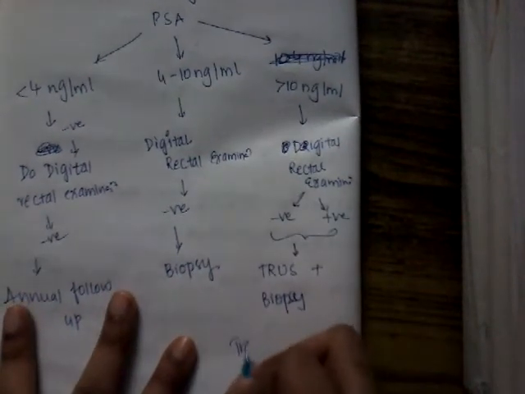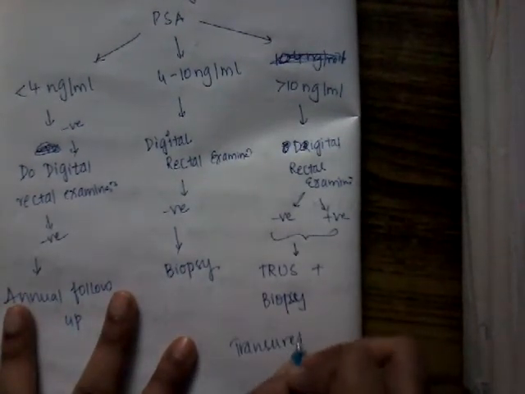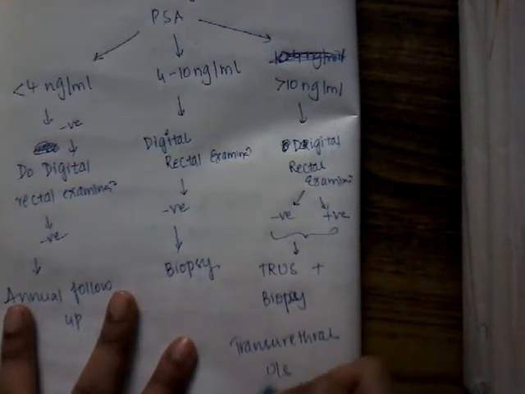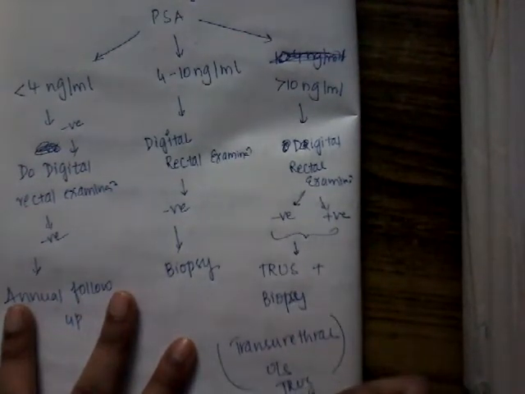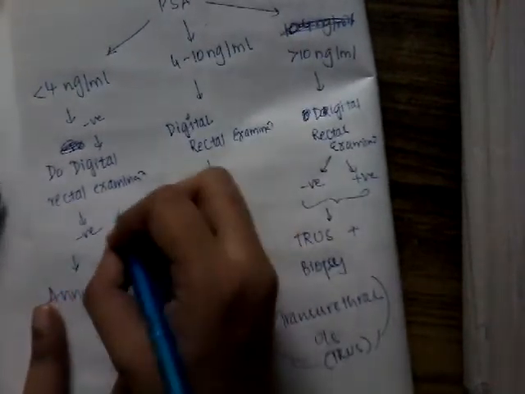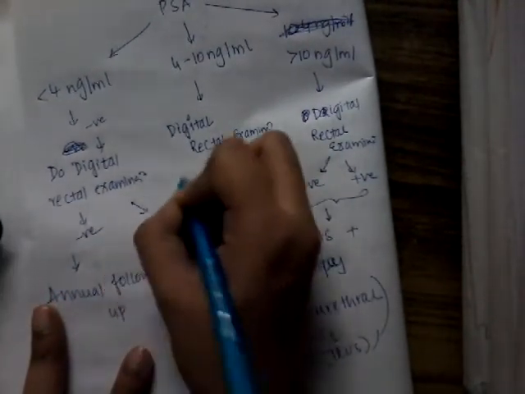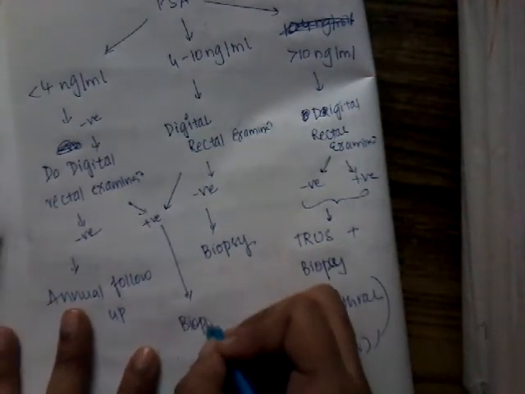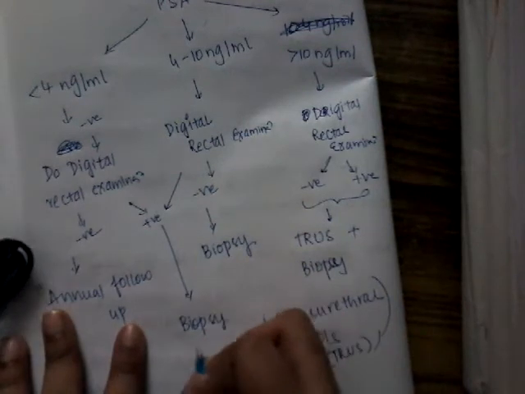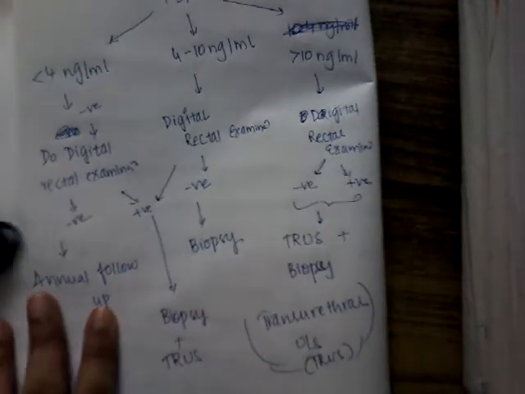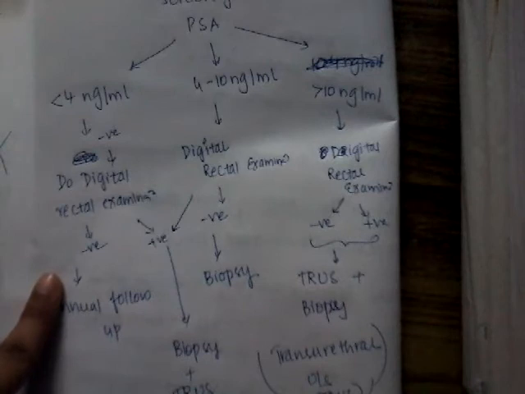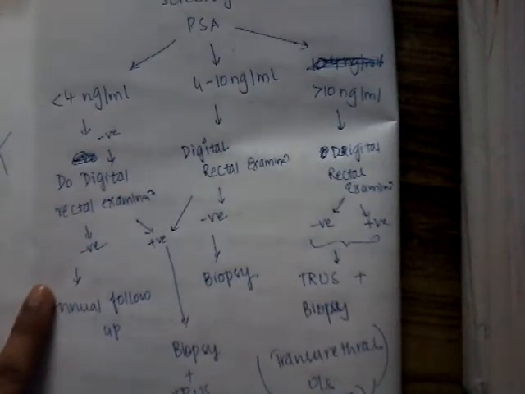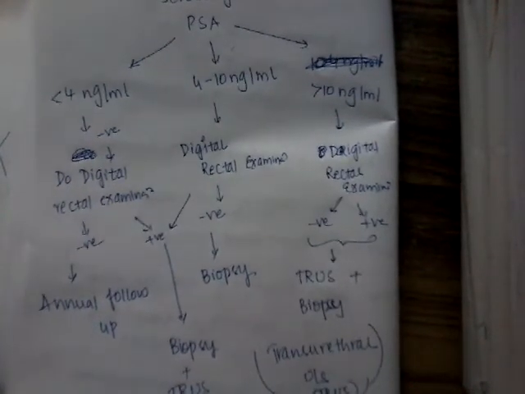I get confused with shortcuts, which is TRUS, transrectal ultrasound. So in both these cases you will have to do biopsy plus ultrasound. So this is the approach for prostatic carcinoma whenever PSA is done as a screening test.